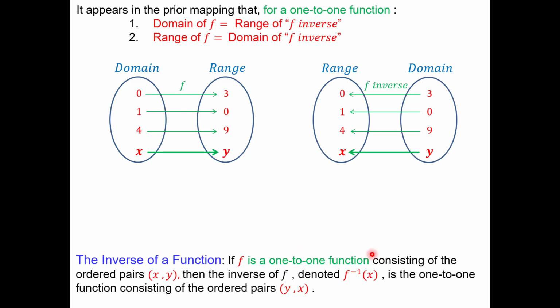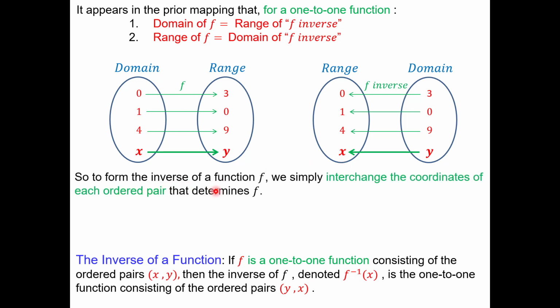If f is a 1-to-1 function consisting of ordered pairs, plug in x, get out y, then the inverse of f, denoted like this, and I'm going to read this as f inverse of x. Even though it looks like f to the little negative 1 power, you don't read it like that. You say f inverse. So f inverse of x is the 1-to-1 function consisting of ordered pairs, plug in y, you get out x. So the inverse function, you plug in what used to come out, and then the result is the original input.